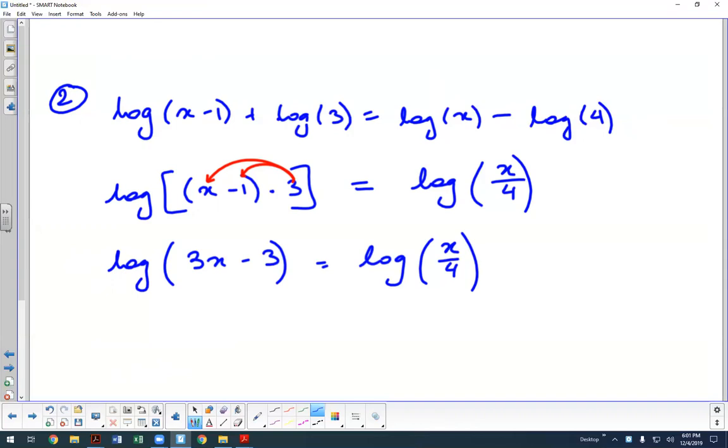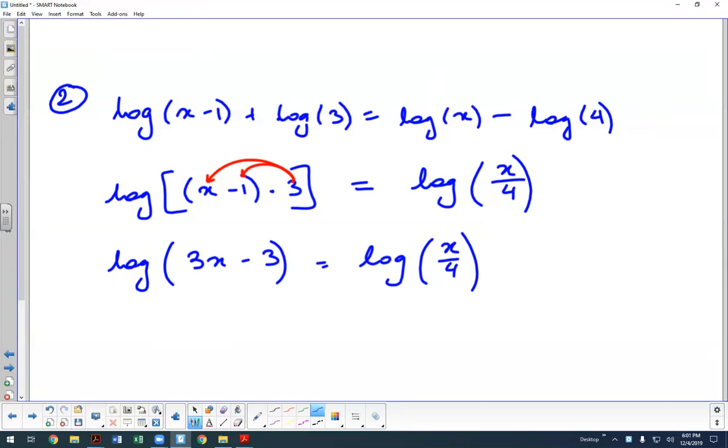And we had briefly talked about this property. Do you know what happens next? Just get rid of the logs, right? Yeah, this is where the one-to-one property of logarithms comes into play. Since I have the same base 10 logarithm on both sides of my equation, the one-to-one property basically says if your bases are the same, then the values are equal to each other.